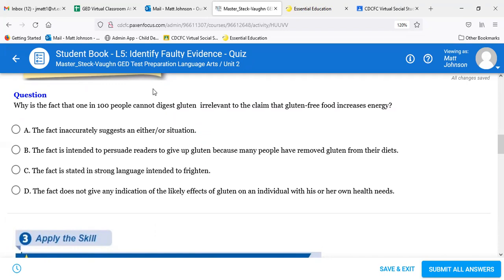A, the fact inaccurately suggests an either-or situation. B, the fact is intended to persuade readers to give up gluten because many people have removed gluten from their diet. C, the fact is stated in strong language intended to frighten. Or D, the fact does not give any indication of the likely effects of gluten on an individual with his or her own health needs.